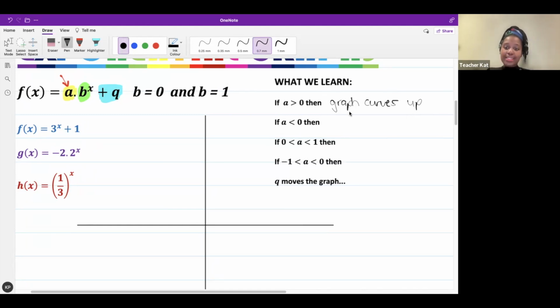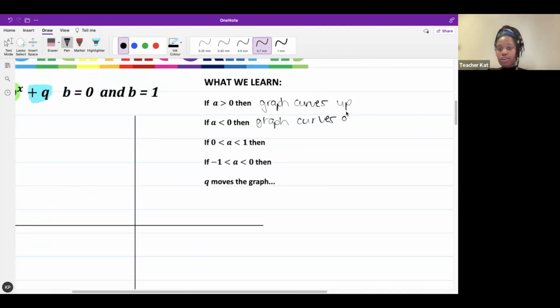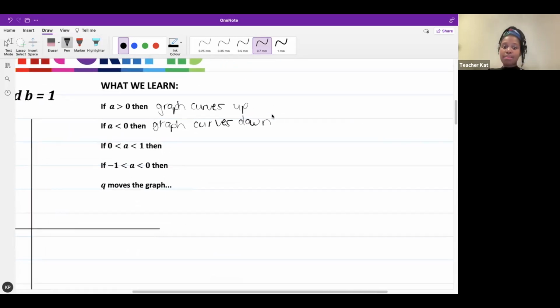But if a is less than 0, then your graph curves, the English is obviously not my strong point here, your graph curves downwards. Okay, so this is what I mean by curves upwards. This would be a graph that's curving upwards, okay?